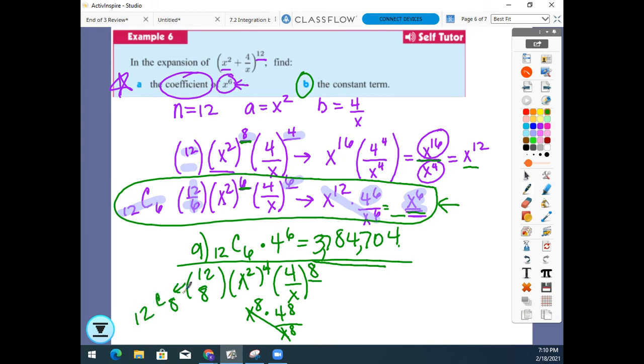Use your calculator to find that. So my constant for letter B will be the 12 choose 8 coefficient times 4 to the 8th, and that will equal 32,440,320.